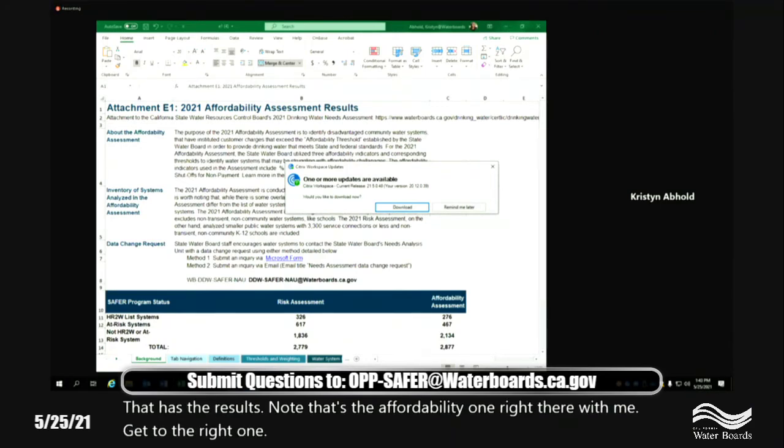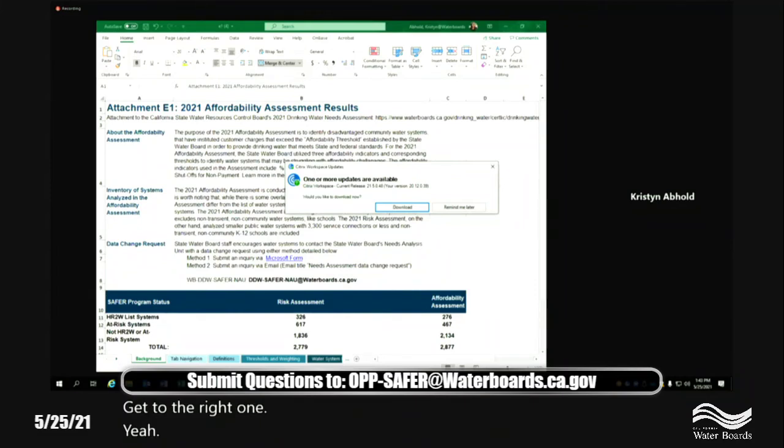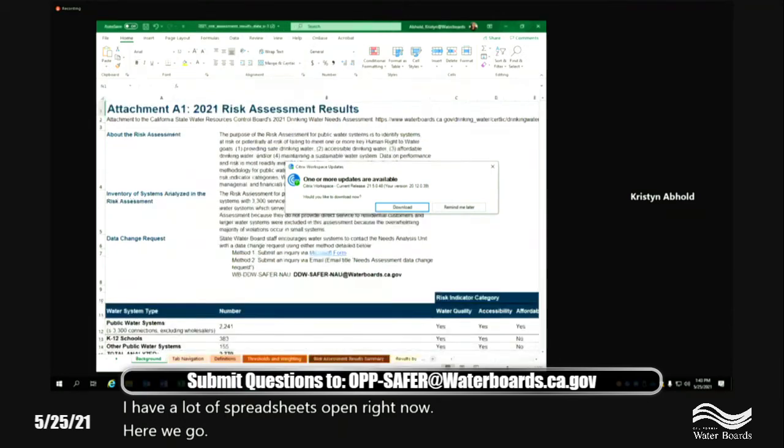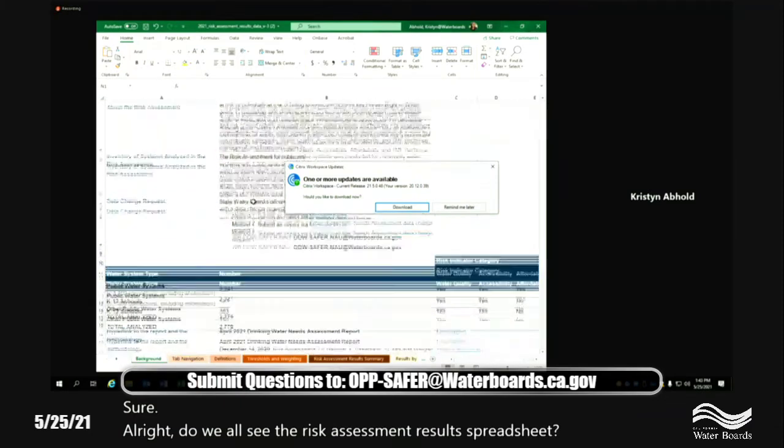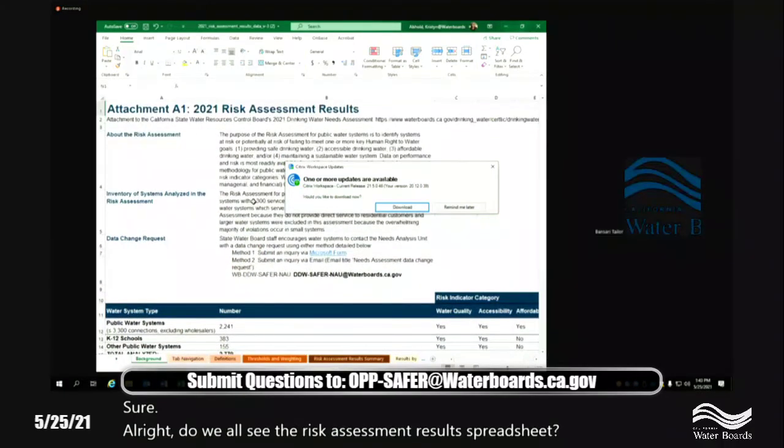I have a lot of spreadsheets open right now. Here we go. Sure. All right. Do we all see the risk assessment results spreadsheet? Yes, we do. Yes. Awesome.